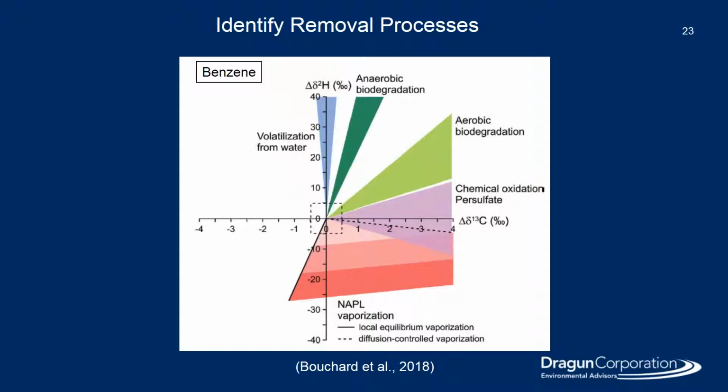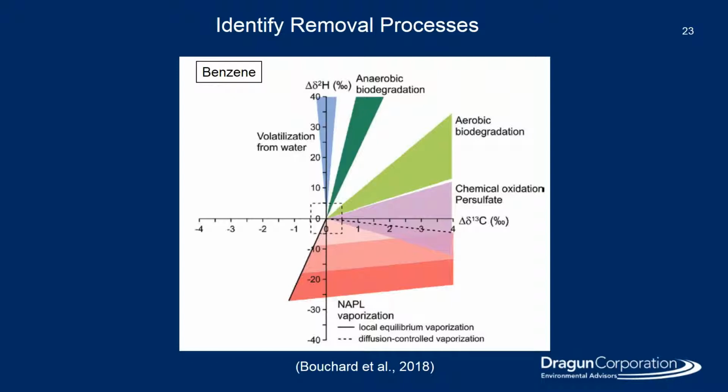This is a dual carbon and hydrogen isotope plot from Butchart et al. paper that was published in 2018. This plot shows expected isotope trend for benzene during different processes such as biodegradation, chemical oxidation, and physical removal processes.